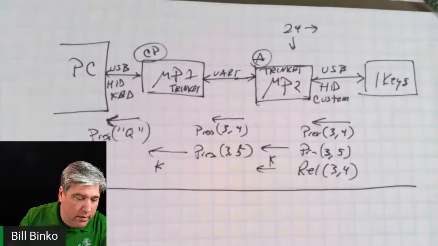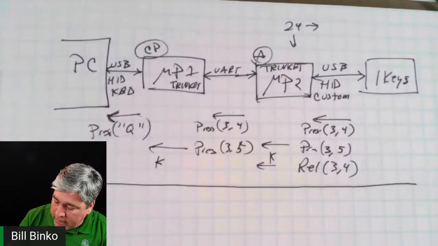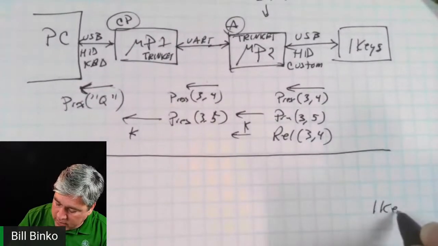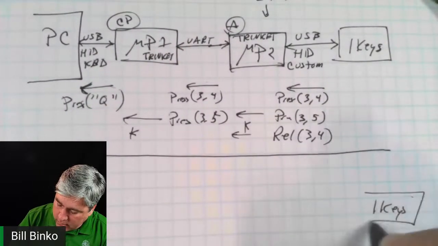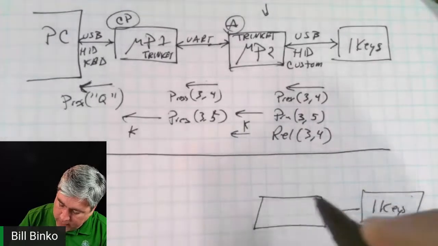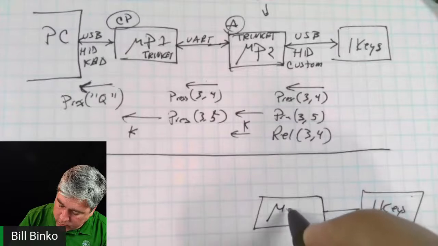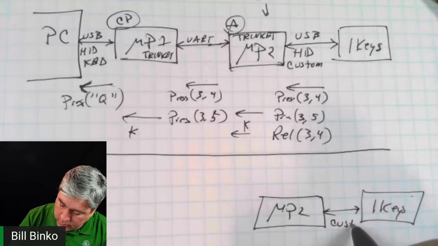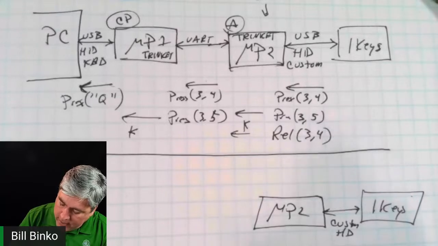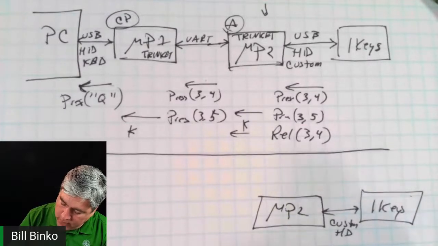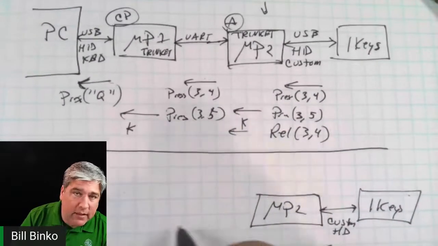We rethought it. And what we did instead, which makes a lot more sense, we had the IntelliKeys the same way. We had it going into the same, and the hardware is the same, right? So this is the second microprocessor, and this is the custom HID. This guy was still saying, okay, I got a press of 3.4, but this guy didn't send an event at all.